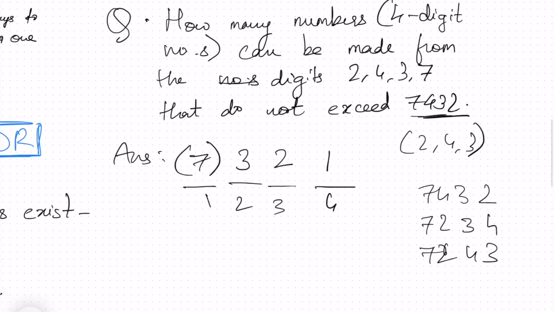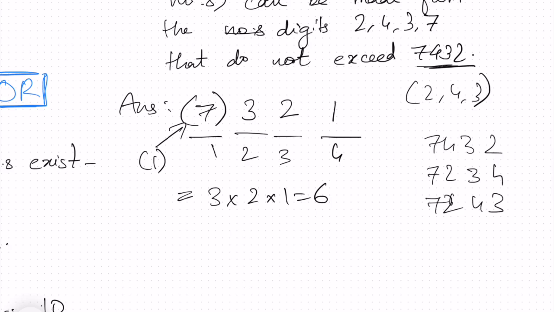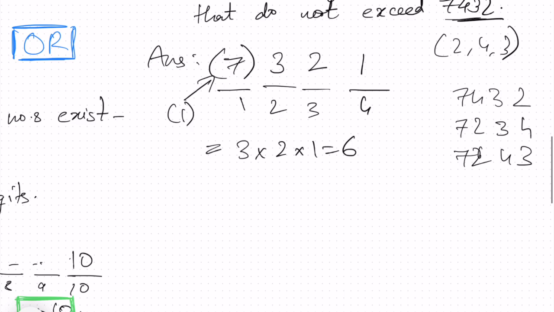And we've already used the digit 7 to fill the thousands place, so there's just one way to do that. So the total number of ways for this is 3 into 2 into 1, 6. But this does not complete the question, because this is only the case where 7 occurs in the thousands digit. But for any number that I form using 2, 4, 3, 7, this may not be the case.